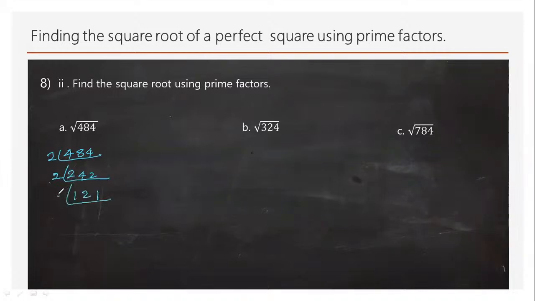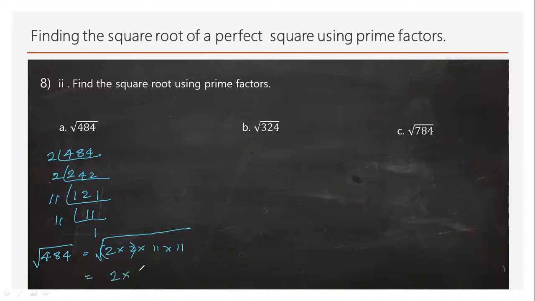Again divide by the smallest prime number, what is here? 11. Then 11 divided by 11, 1. Then the square root of 484 equals the square root of 2 into 2 into 11 into 11. For this, 2 squared, the root is 2. 11 squared, the root is 11. 2 times 11, 22 is the square root of 484.